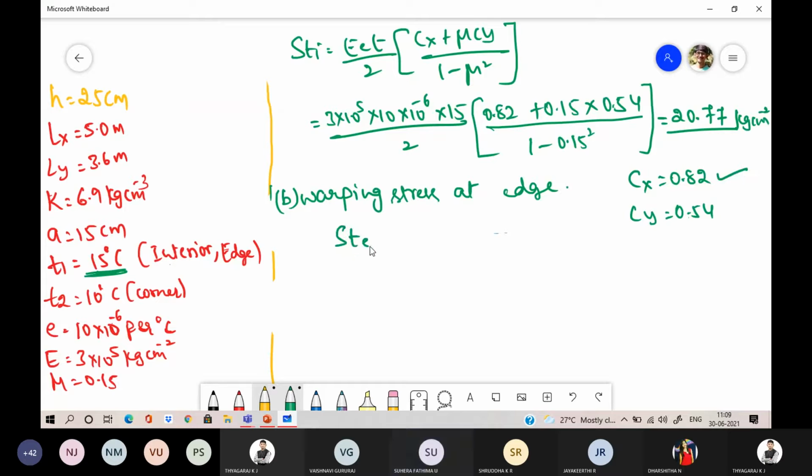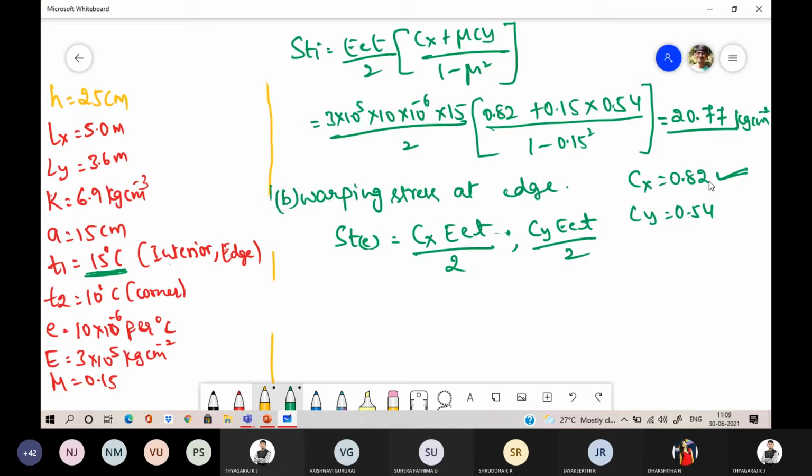So stress at edge is equal to Cx E e t by 2, or Cy E e t by 2. Whichever value is higher, when Cx is higher you take the Cx formula, and when Cy is higher you take the Cy formula.